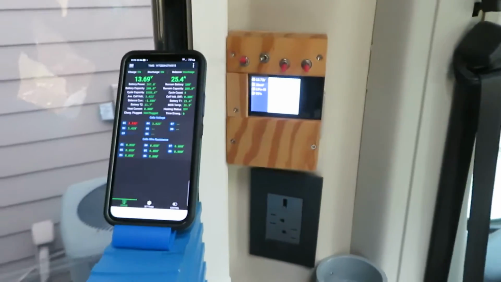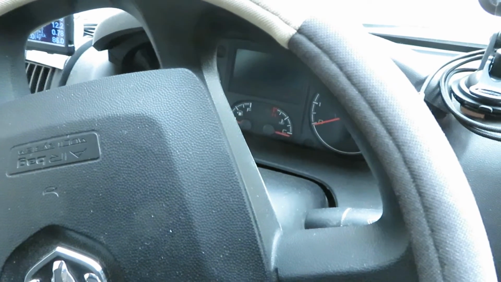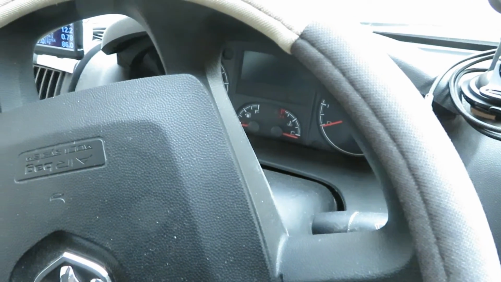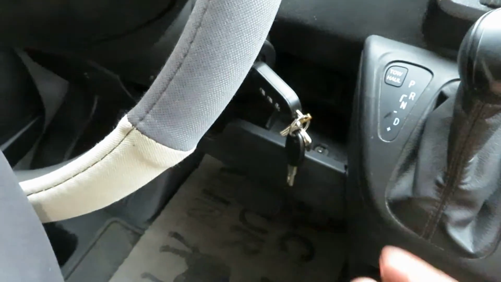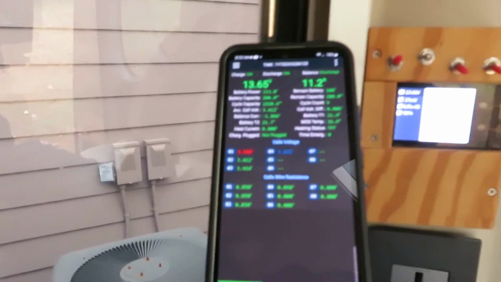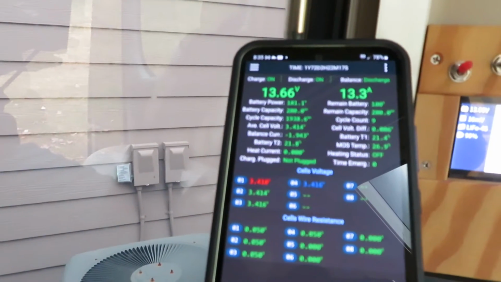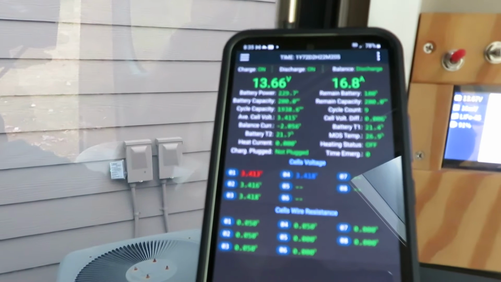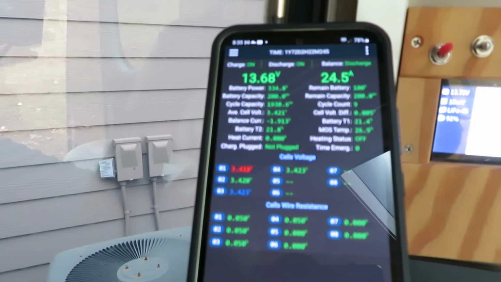So I'm going to shut off the engine and restart it again.